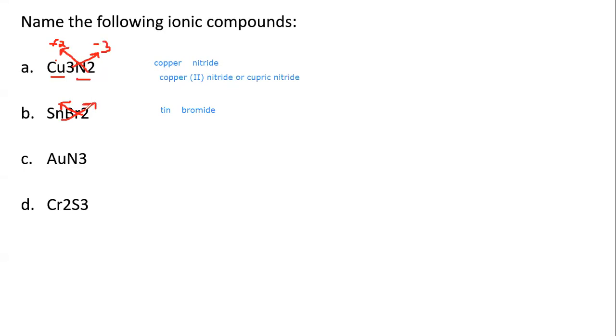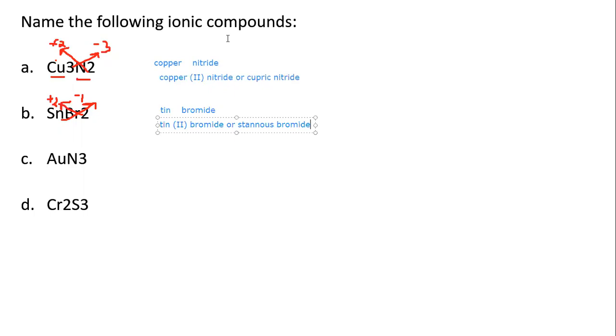We see that tin is a +2, and bromide is a -1. So this will be written as tin(II) bromide or stannous bromide. Because tin has a high and a low charge. It only has 2 ionic charges.